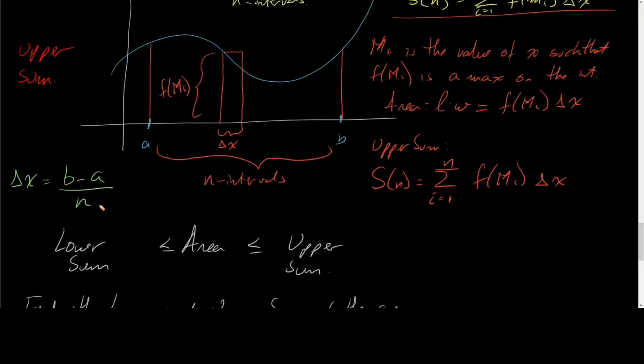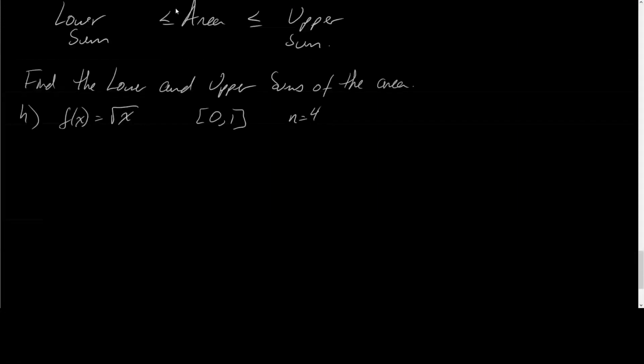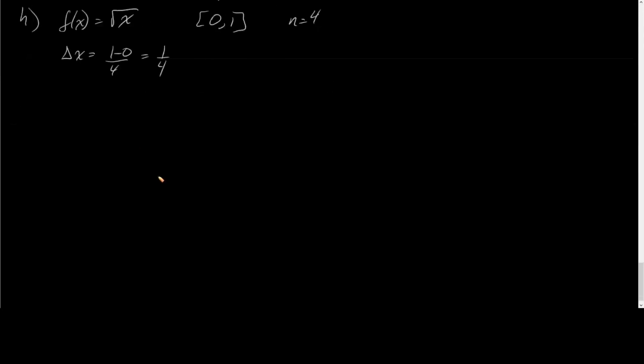So delta x in general is just b minus a over n. Now let's see how that applies here. This n being 4 tells me right away that delta x is equal to 1 minus 0 over 4, which is 1/4.